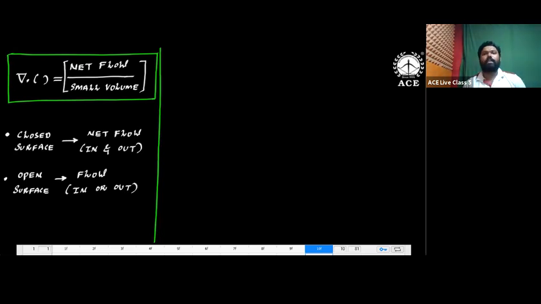Okay. Now let us take some examples to understand this one. Observe here carefully. Example number 1. There is a vector field F1. Let us consider a water flow in a pipe like this.